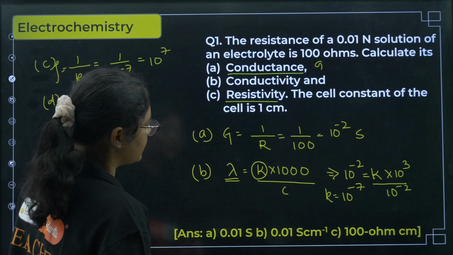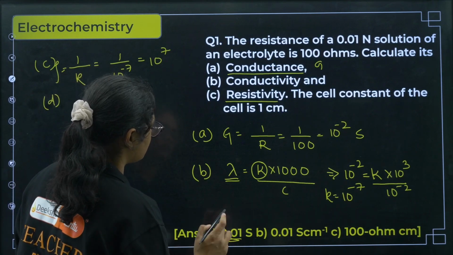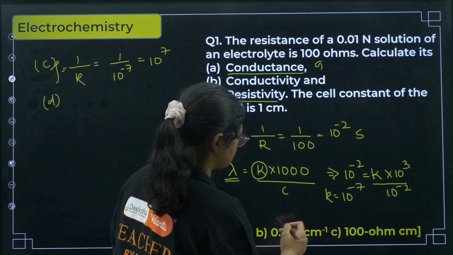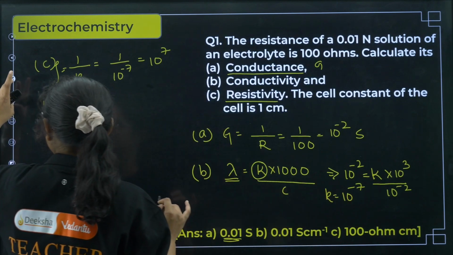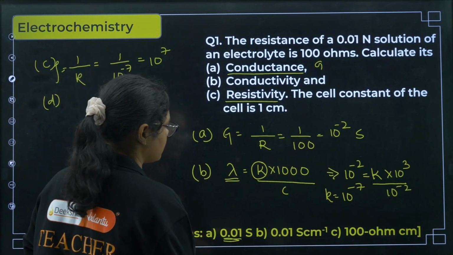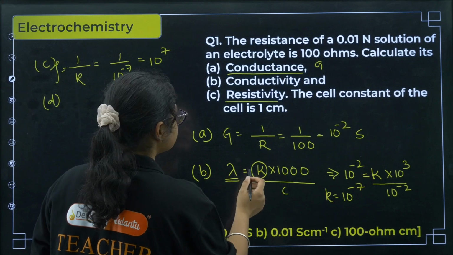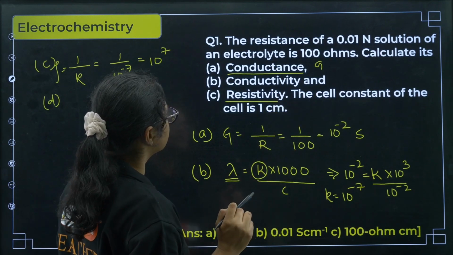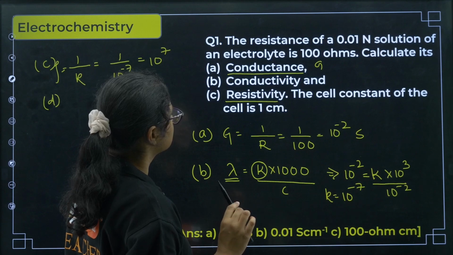Okay, so here you can see 10 to the power of 0, 1. I think something is wrong here. Let us check this calculation once again. I think I made some mistake. Lambda is 0.01, sorry, molar conductance.